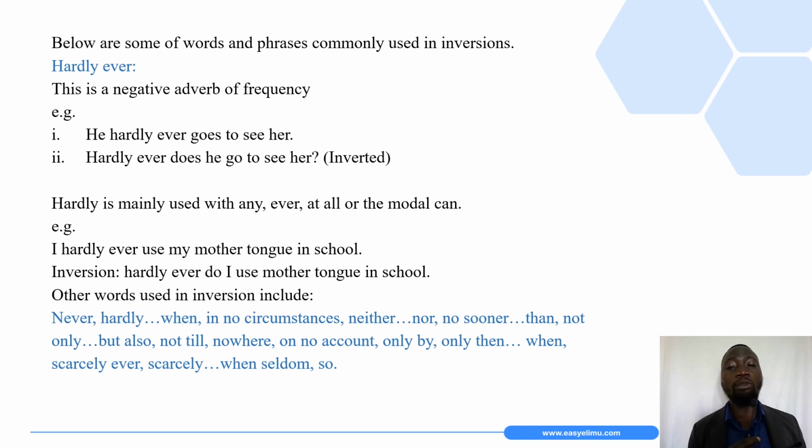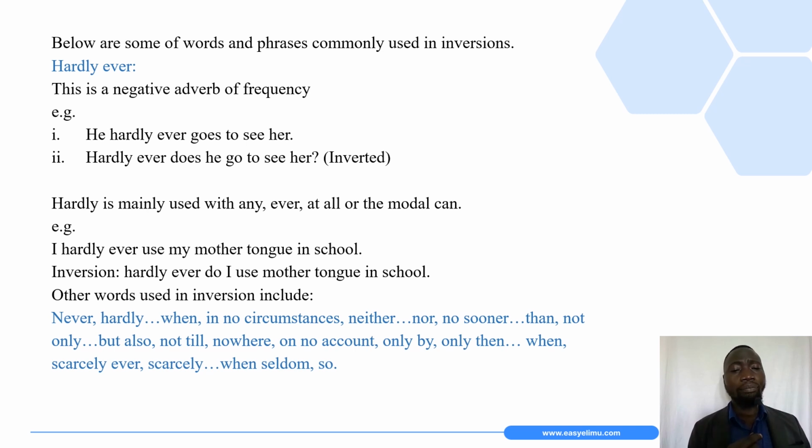That is, it expresses how often, but in a negative sense. Example in a sentence: he hardly ever goes to see her. If we convert that sentence, we will have: hardly ever does he go to see her. The second sentence is the inverted sentence.